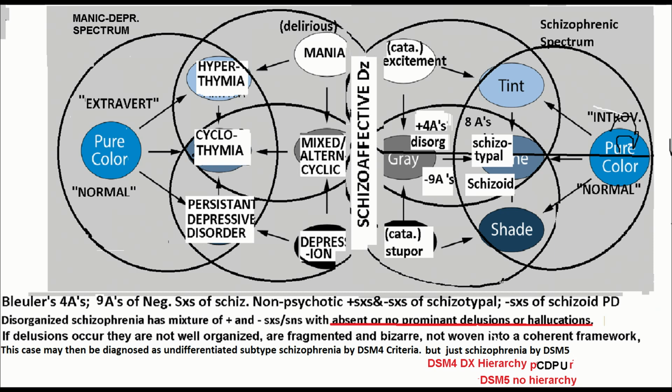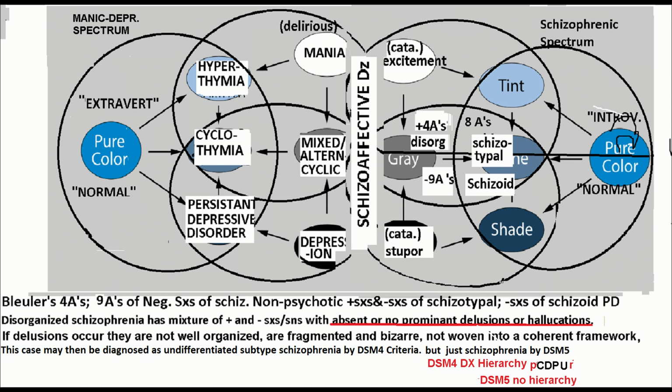So if you weren't catatonic and you had disorganized schizophrenia with no or absent delusions or hallucinations, then you'd be diagnosed as disorganized schizophrenia. And this took priority over paranoid schizophrenia because there's no prominent delusions or hallucinations, and delusions and hallucinations were the ones that characterized paranoid schizophrenia.